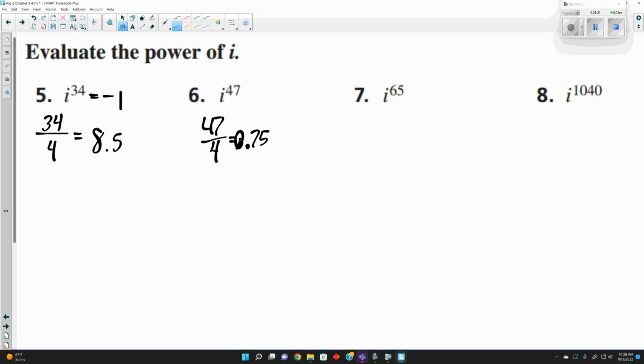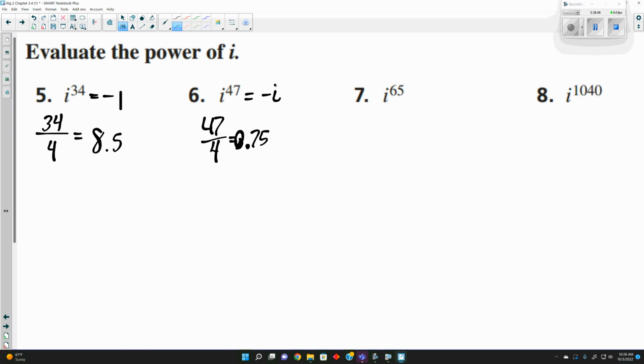Again, we divide by 4, and it gives you a decimal, and this one here, I believe, is 0.75, which is negative i.